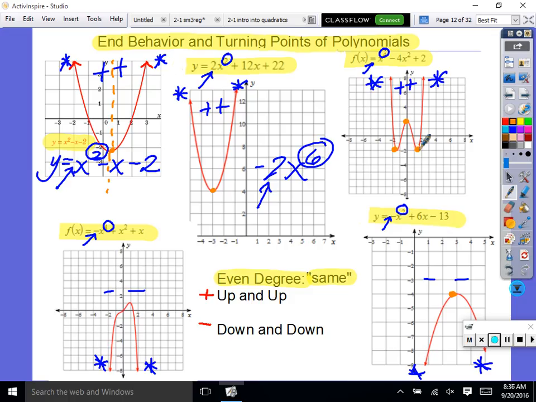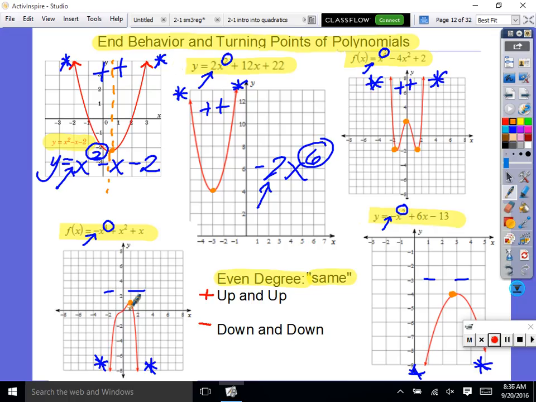Okay, so look right here though, this is interesting. This is a 4th degree that goes up. It's increasing, still increasing, still increasing, till there. Now that one only had 1 turning point, right? So degree 4 can have 3 turning points or 1 turning point.